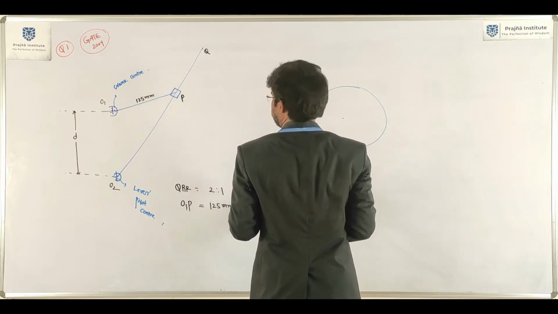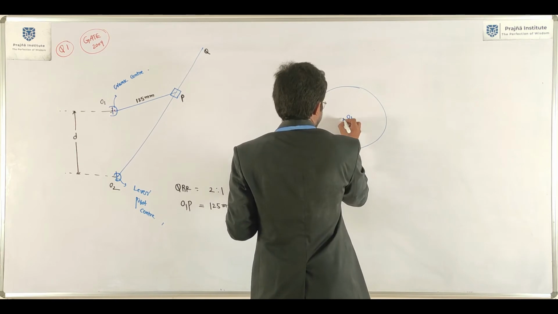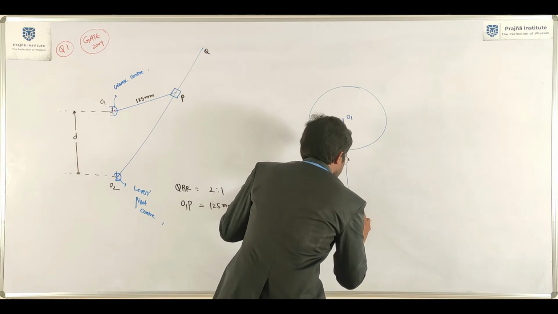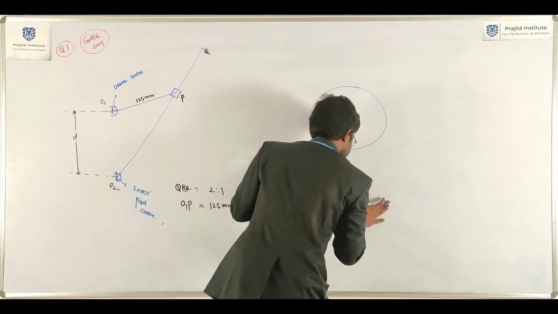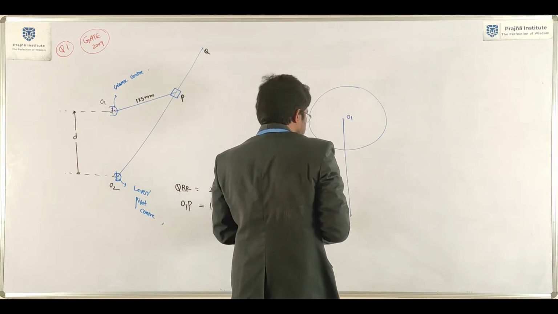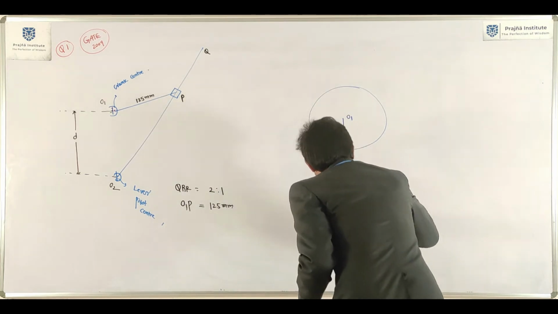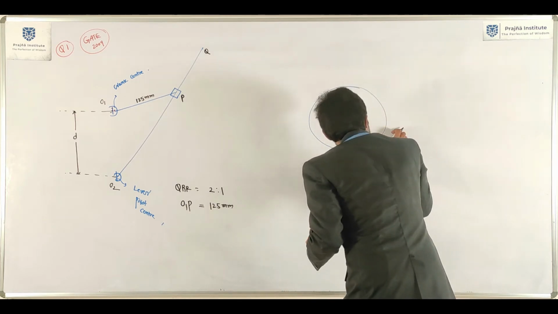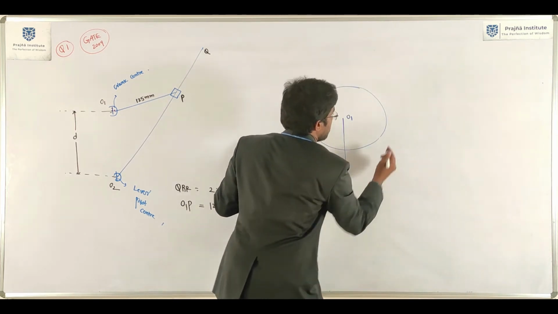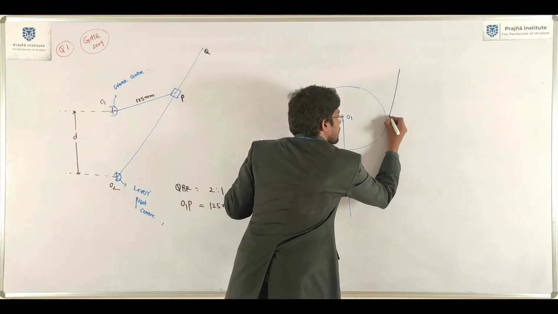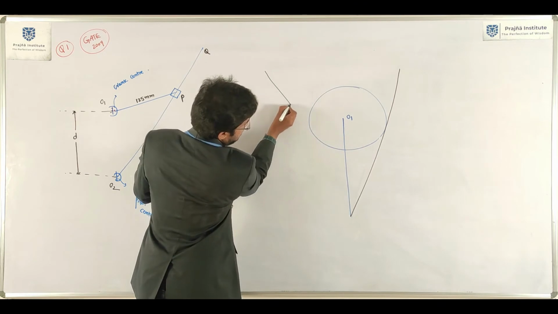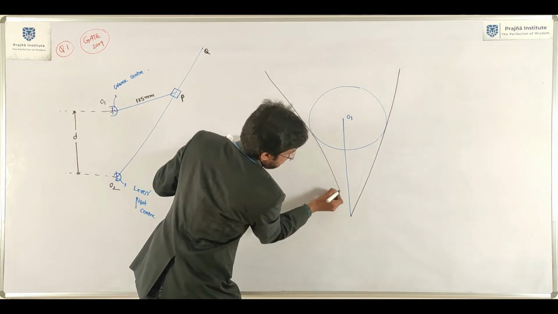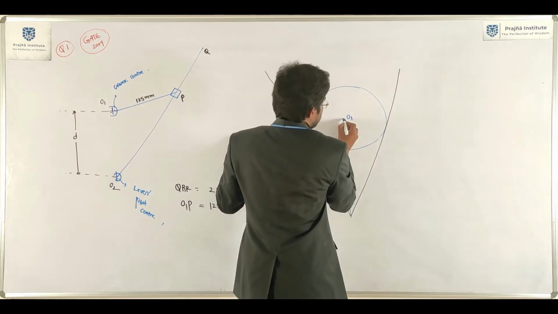Draw this figure. It is O1. Here are the extreme positions of the slotted bar. Here you will get this kind of figure, and of course it is 90 degrees.